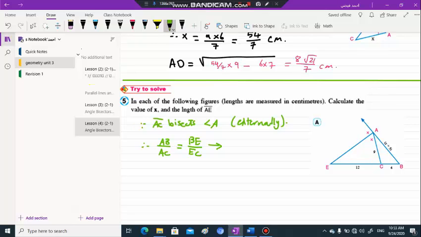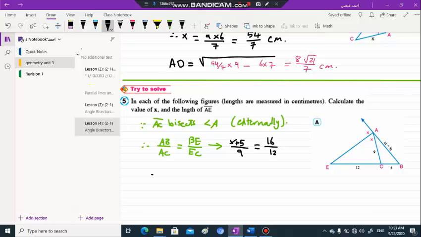So AB, which is x plus 5, over AC, which is 9, equals BE, which is 4 plus 12, which is 16, over EC, which is 12.